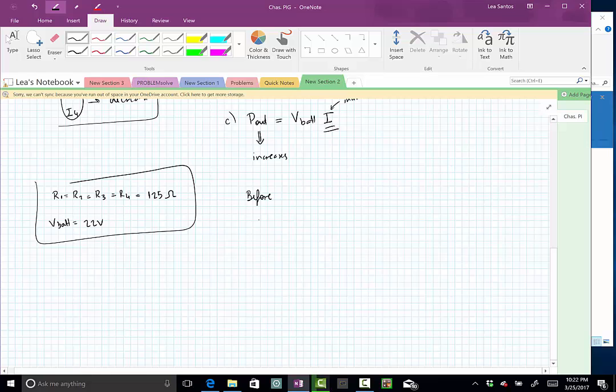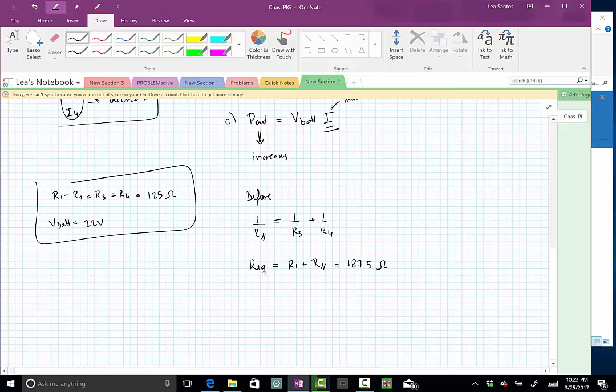So before, we just have to find the equivalent resistance for that parallel piece, which just involves R3 and R4. With this, we can find the total equivalent resistance for the circuit, which will be R1 plus whatever we found here. Okay, so if you go through all this, you will find that the value is 187.5 ohms.